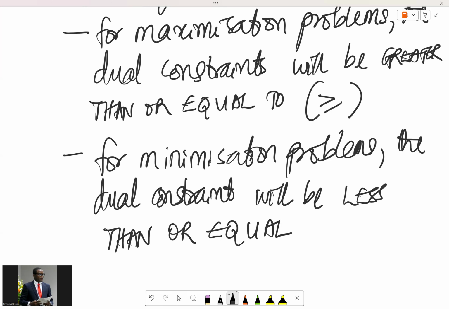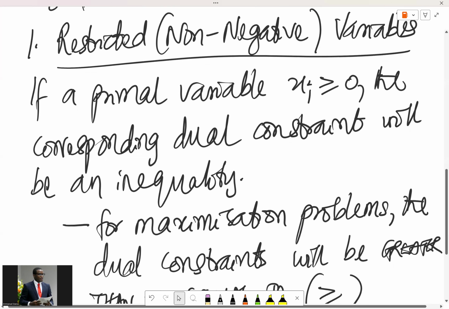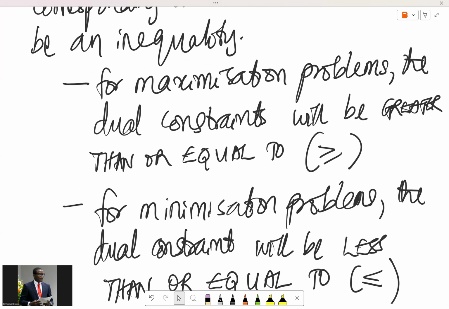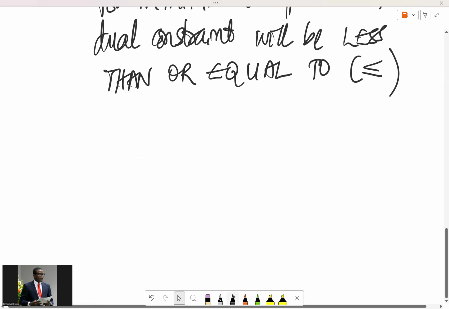It means that if the first variable in the primal is greater than or equal to zero, then for a maximization problem, the constraint will be greater than or equal to, and for a minimization problem, the first constraint will be less than or equal to. In case that's not too clear now, don't worry, I'm going to make an example of that.